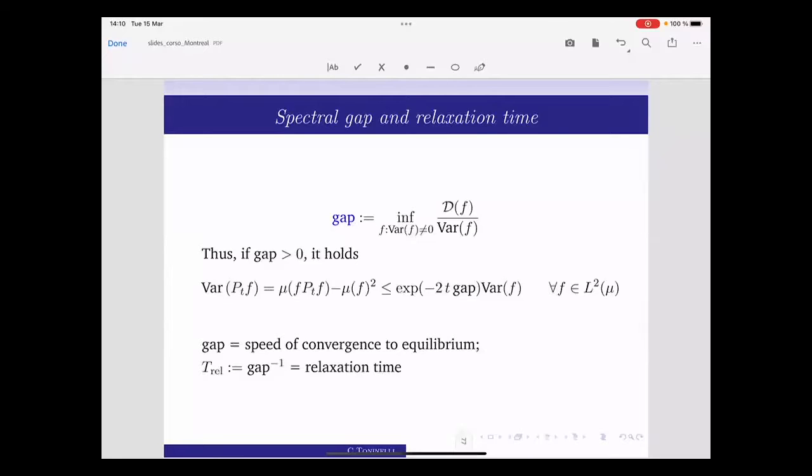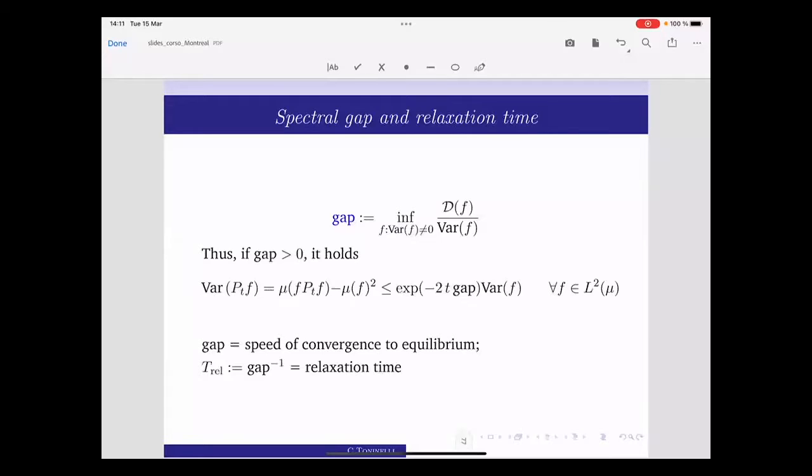The generator is negative, so the spectral gap corresponds, in the variational form, to the infimum over all functions which are not constant, because on a constant function the eigenvalue is 0 and it is not modified by the generator, of the ratio between the Dirichlet form, so minus mu of f times the generator applied to f, divided by the variance.